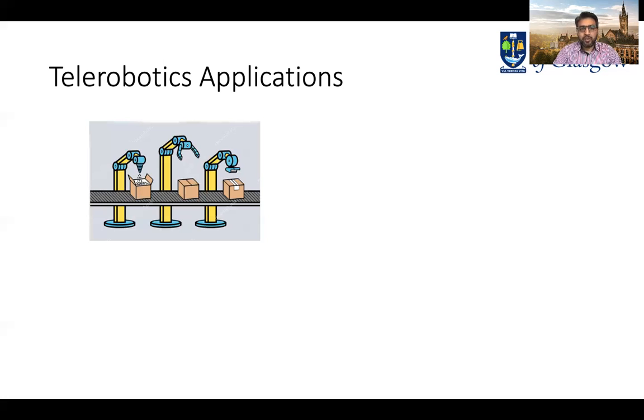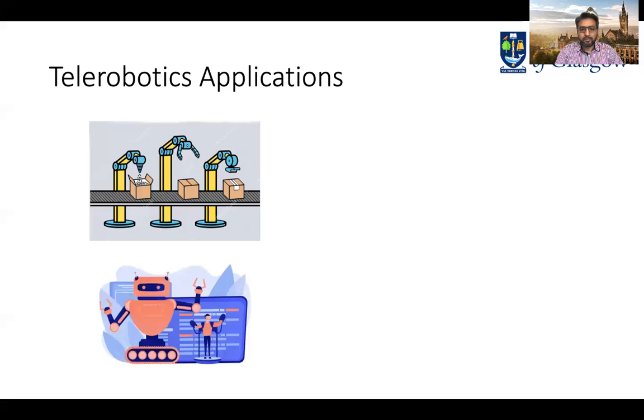For example, these telerobotics can be used to control robots remotely in the packaging industry, or any industry where we have a conveyor belt, and some of the robots are either putting items into boxes, or checking if the items are okay, or packing them, or sealing them. So such kinds of robots can be used remotely in this case.